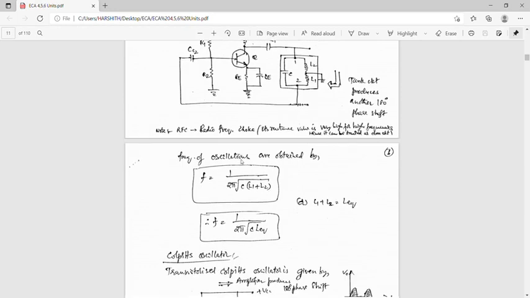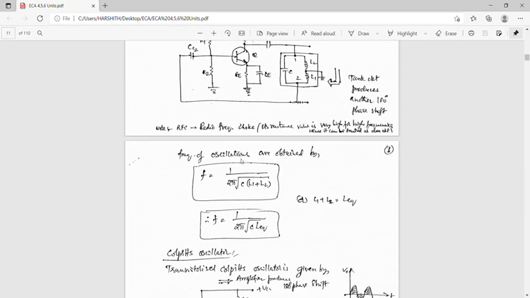The frequency of oscillations is obtained by F equal to 1 by 2 pi square root of C into L1 plus L2, the two inductive reactances being L1 and L2, with the capacitance in parallel.